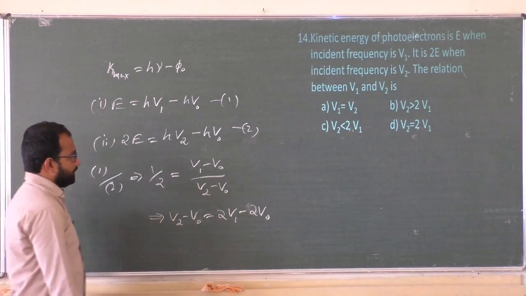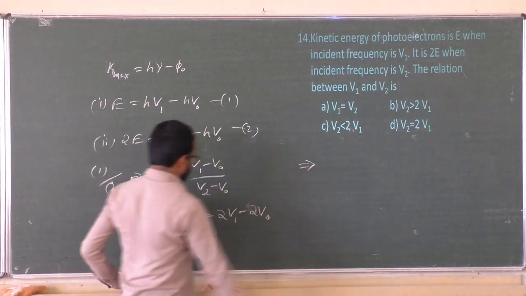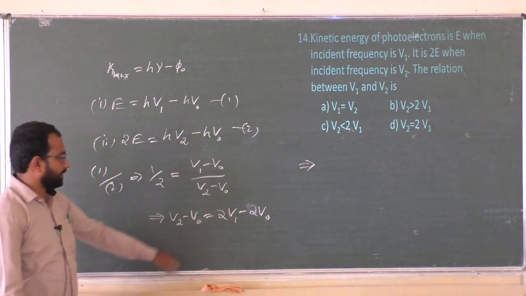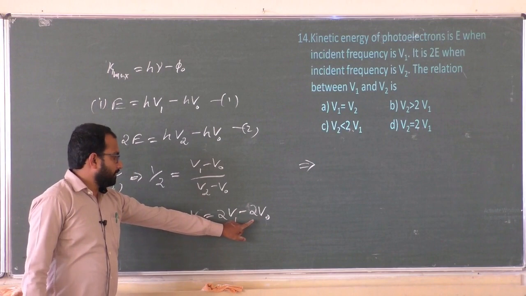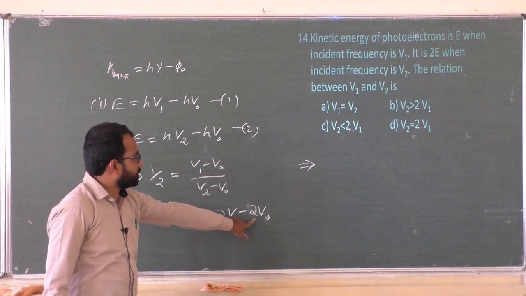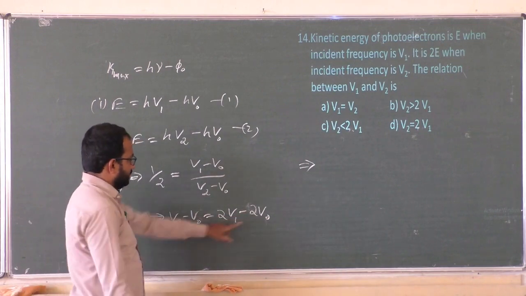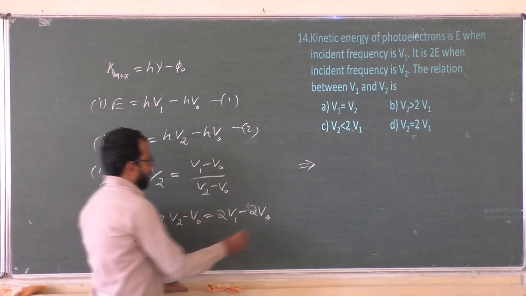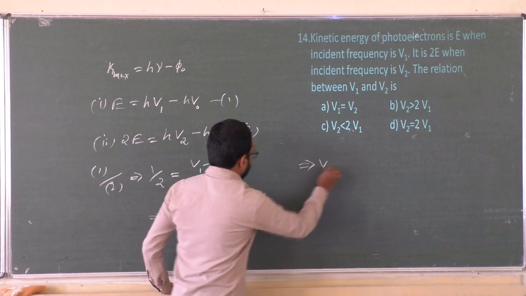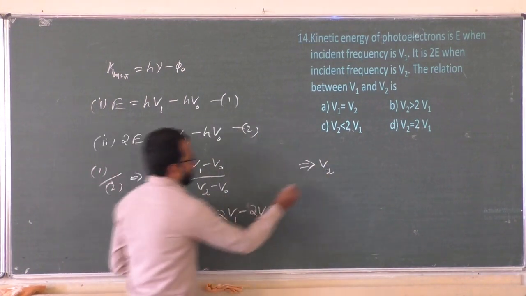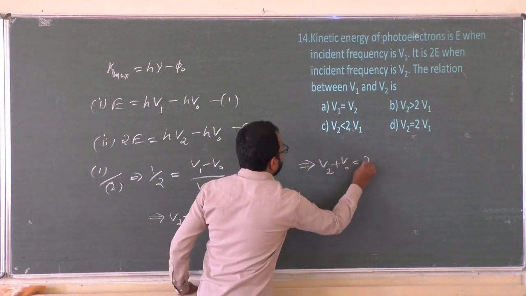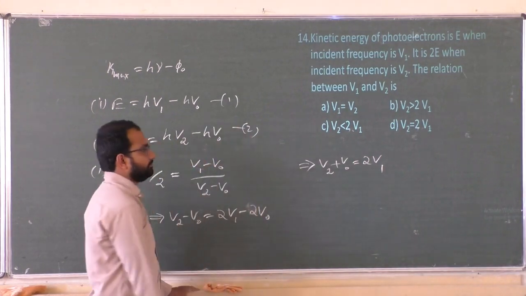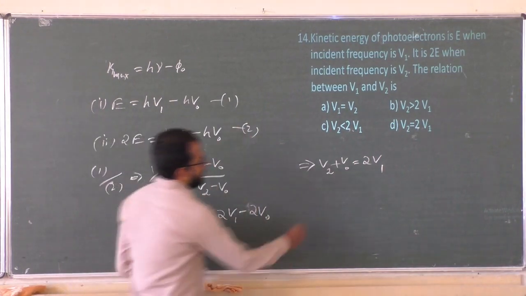Bring the minus 2V0 to the left side, so you'll get V2 plus V0 is equal to 2V1.